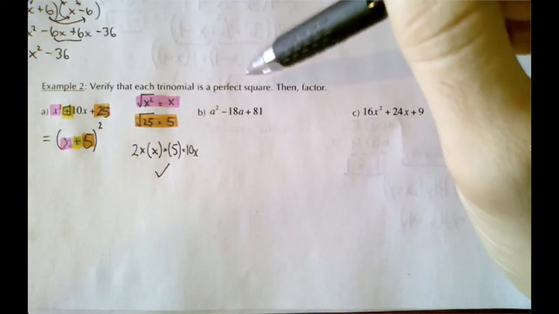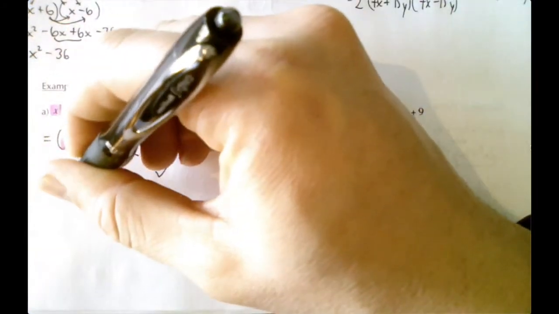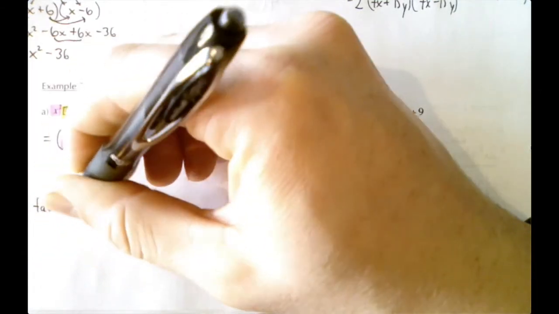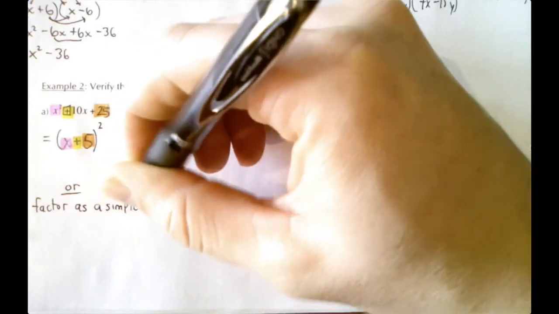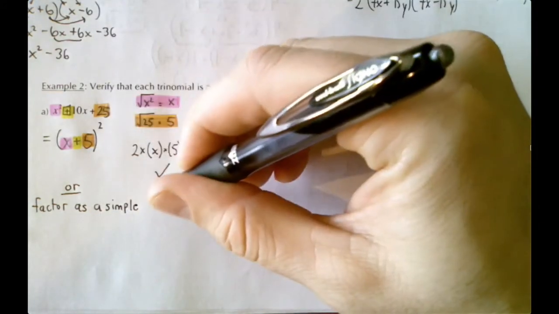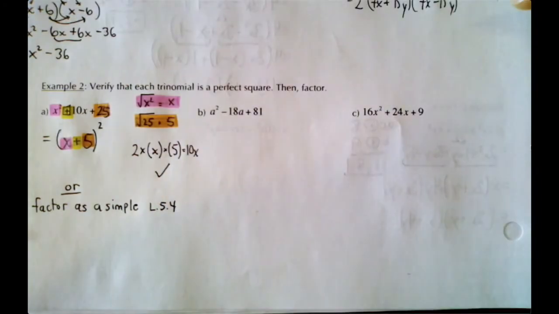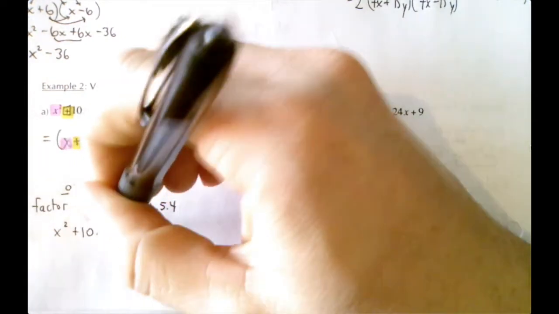Now, you can factor this way if you identify it's a perfect square trinomial, or you can just factor it as a simple trinomial, which was lesson 5.4. You can factor it like 5.4. In 5.4, what do we do? Well, x squared plus 10x plus 25.